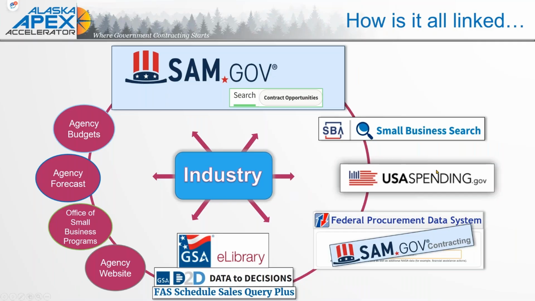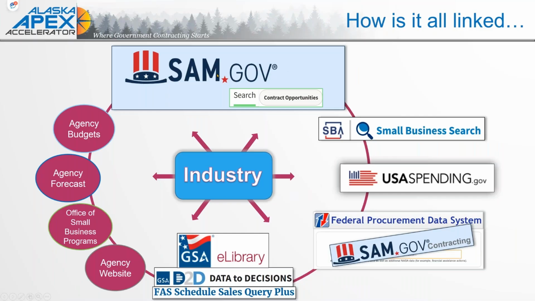We can take a look at USAspending. Now, the data from USAspending used to pull from FPDS, the Federal Procurement Data System, which was the past procurement database, but GSA has retired that legacy system and moved it over under SAM.